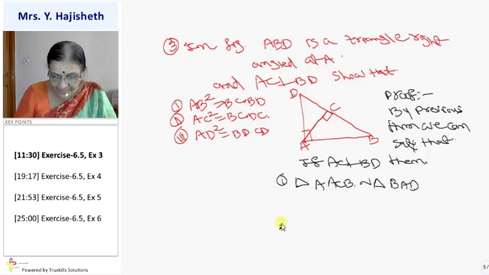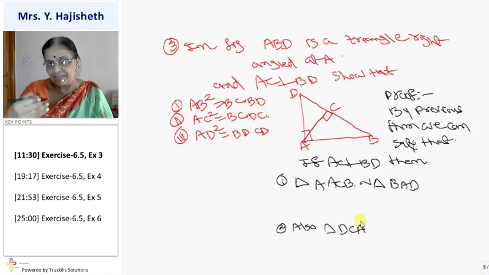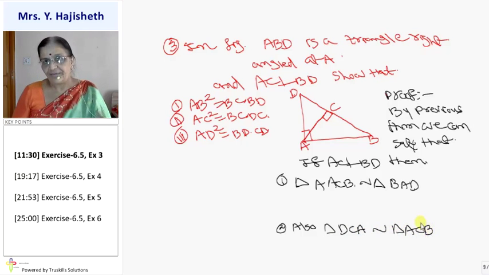Then in the second case we can also take triangle DCA, meaning the upper triangle above AC, is similar to the whole triangle ACB. Clear?